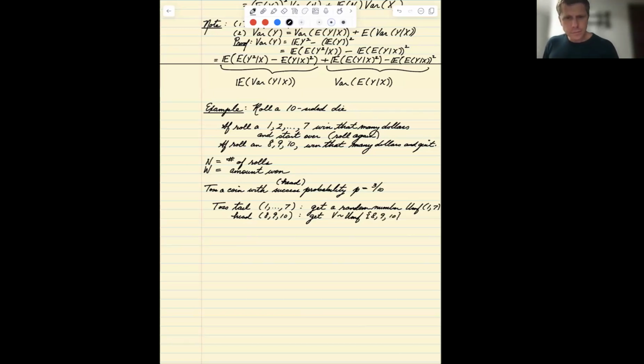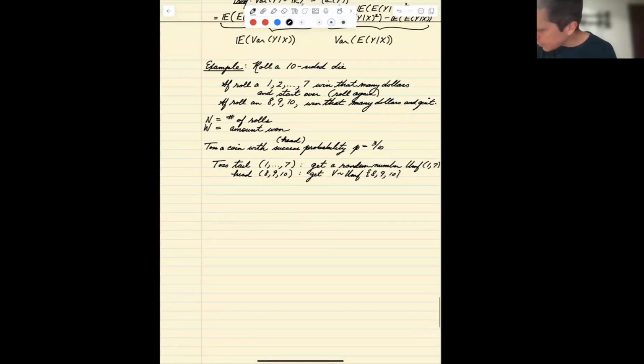So N is the number of tails before the first head. So the length of the game is the number of tosses until the first head, which is geometric with success 3/10.